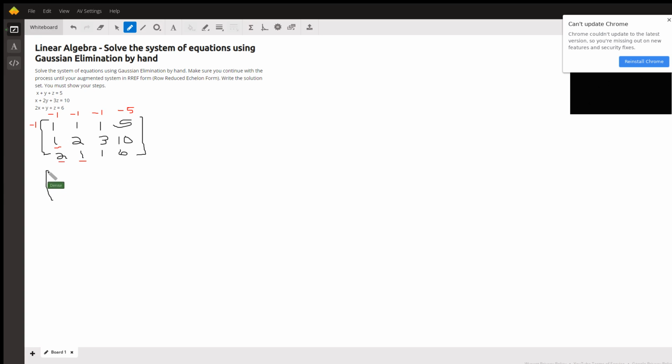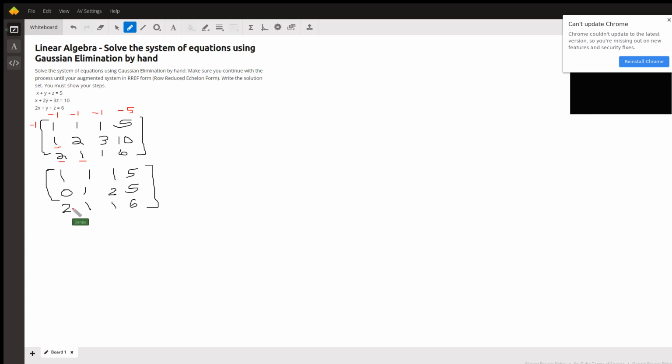So my first row stays the same. -1 and 1 is 0. 2 and -1 is 1. 3 and -1 is 2. And then 10 plus -5 is 5. And then my third row stays the same.